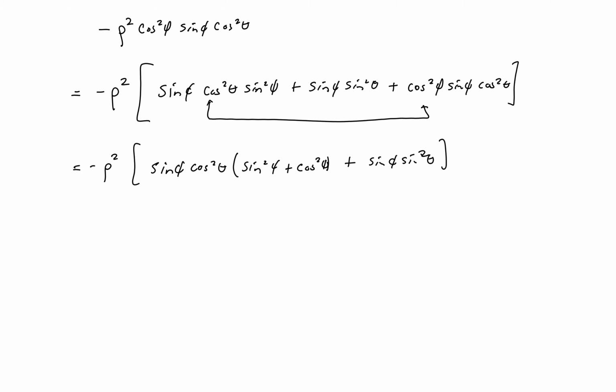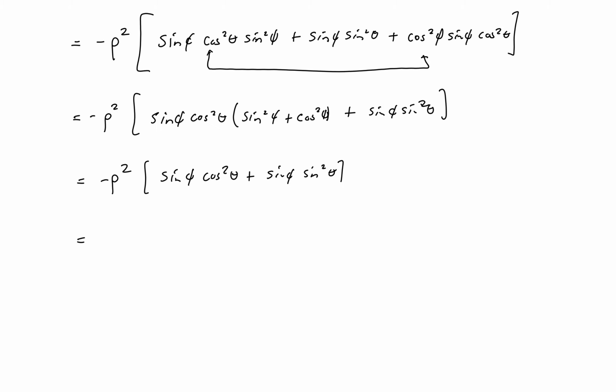So this sine squared phi plus cosine squared phi becomes 1, so I get minus rho squared, and I get sine phi cosine squared theta plus sine phi sine squared theta, and again factor out the sine phi, and then cosine squared plus sine squared is 1, so I get minus rho squared sine phi.